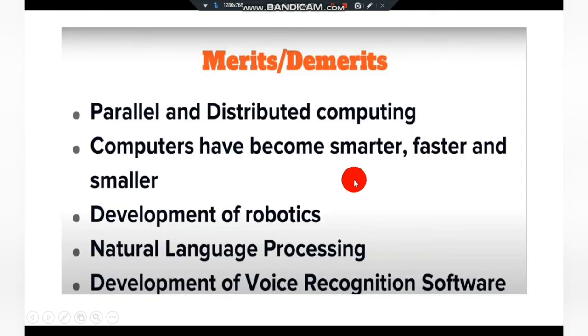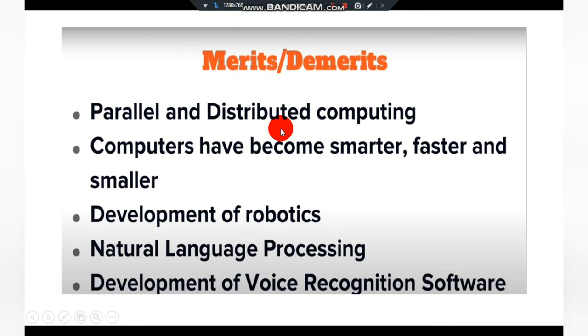Now you can see the merits and demerits of 6th generation computers. The 6th generation computers are used for parallel and distributed computing. We already know what parallel means: simultaneously doing different processes is known as parallel processing.